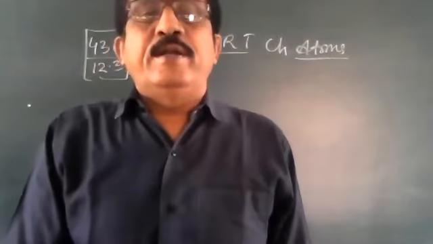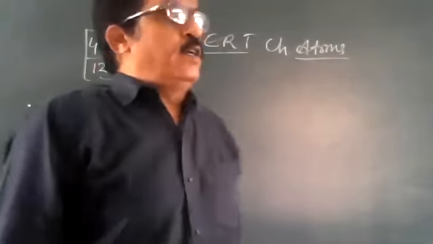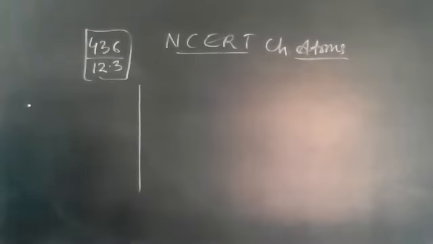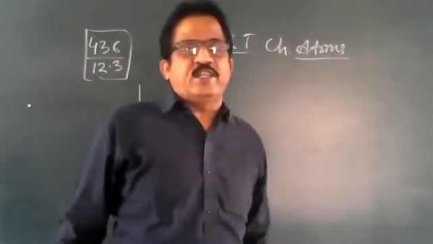My dear children, read the question and write the things that are given here. That is, what is the shortest wavelength present in the Paschen series of the spectral series.